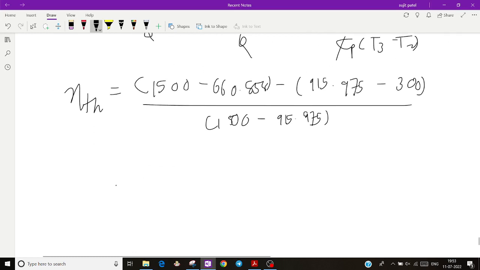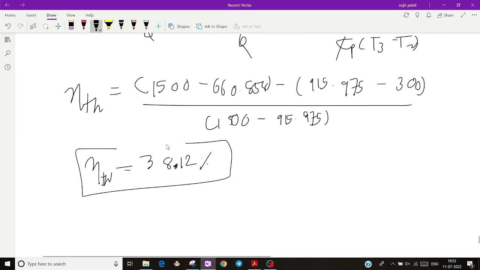Now if you solve this, you will get the thermal efficiency of this cycle as 38.12%. So this is the answer for the thermal efficiency of the cycle.